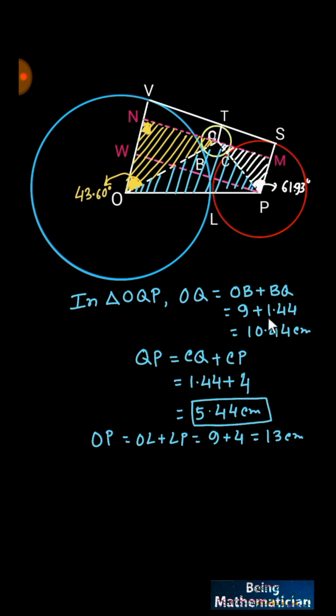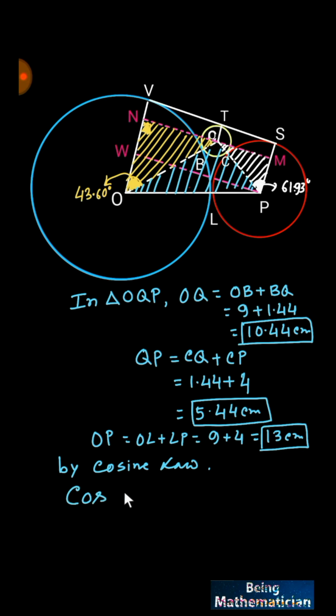Now let's remember these three sides. So by cosine law we get cos angle QOP is equal to QO square plus OP square minus QP square divided by 2 into QO into OP.